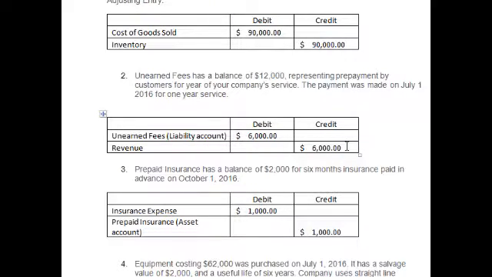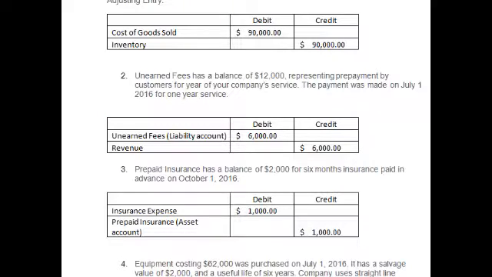But since we are reducing that balance from 12,000 to 6,000, we need to debit it so that it will go down. So unearned fees used to be 12,000 on the right hand side. Now we are debiting it so that it will become 6,000 only. At the same time, we are recognizing revenue of 6,000.